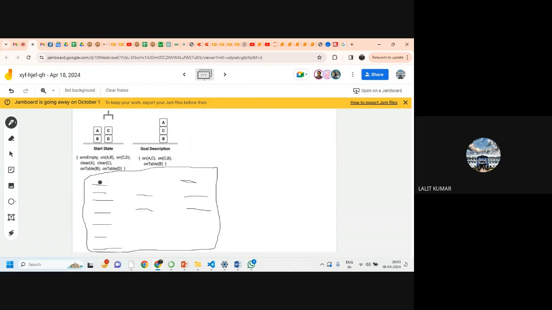For example, there is AE, arm empty, and on AB. You write down one by one, and this is unstack AB, unstack CD, for example.